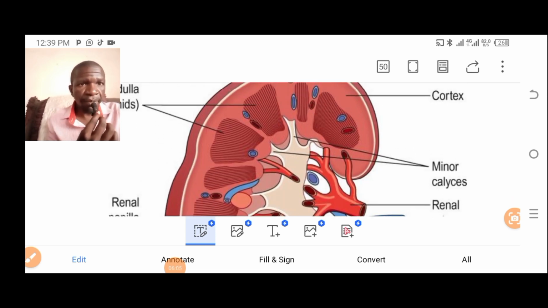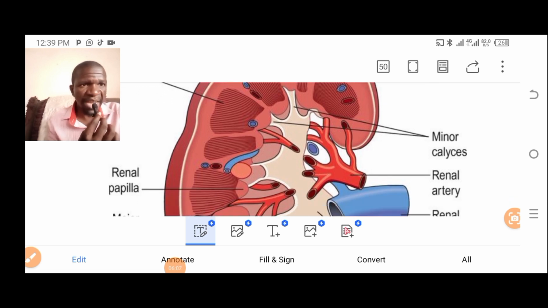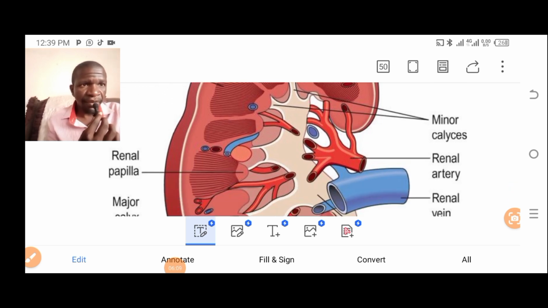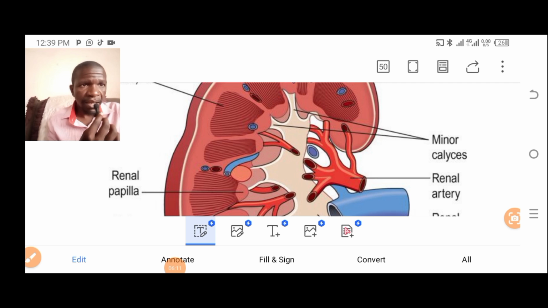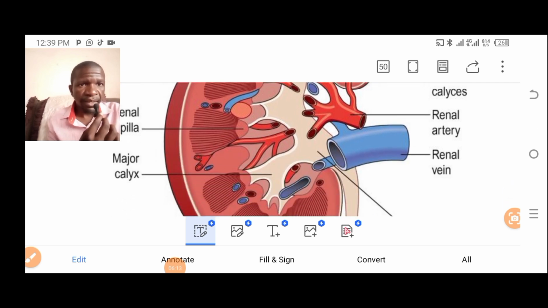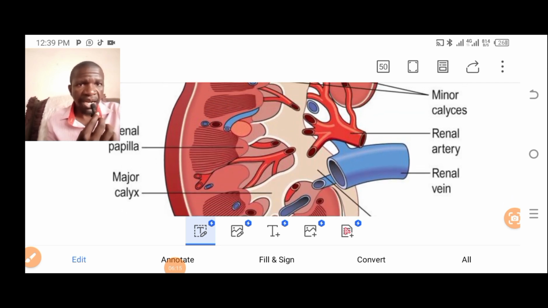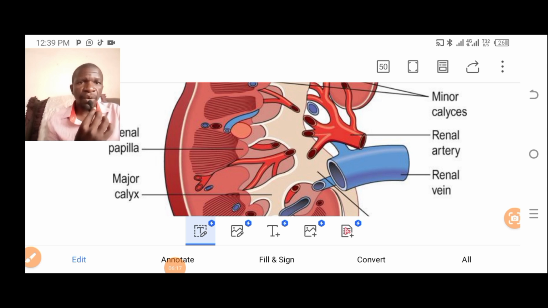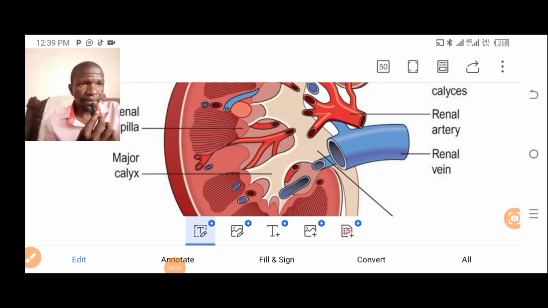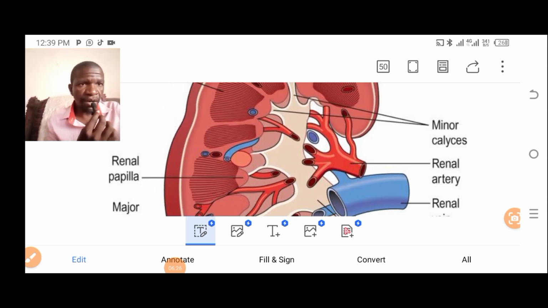Right in front of the pyramids, we have what we call the minor calyces. We also have the major calyces. When it's one, it's a major calyx. When there are many, it's major calyces. Right? Then we have the renal artery.